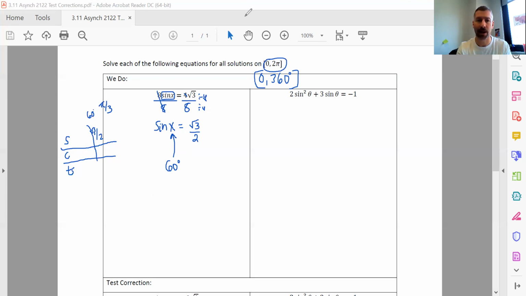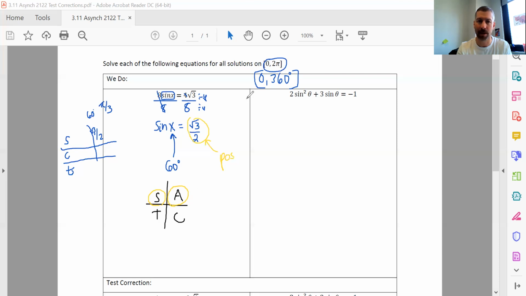Well, it really depends on the sign of our answer. Well, this is positive. So what we really need to do, and this is what I need to see from everybody on every single one of these, is once you get your reference angle, go check to see where sine is positive. Sine is positive here, and everything is positive here.